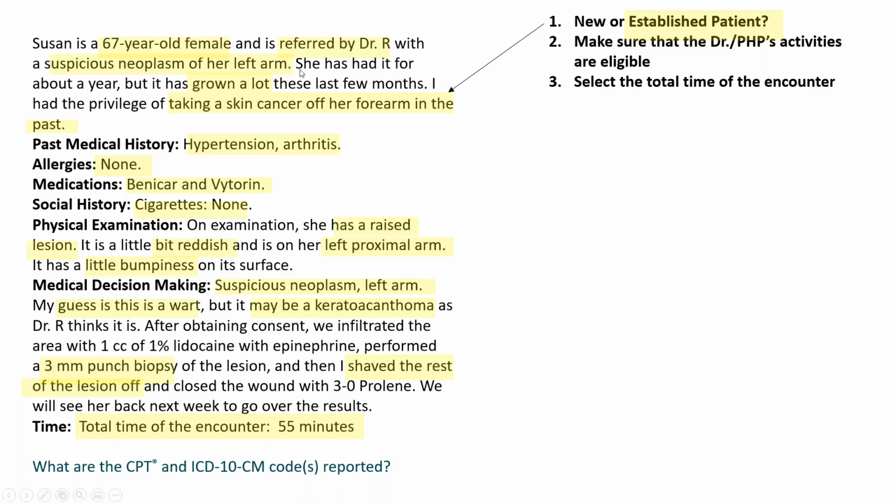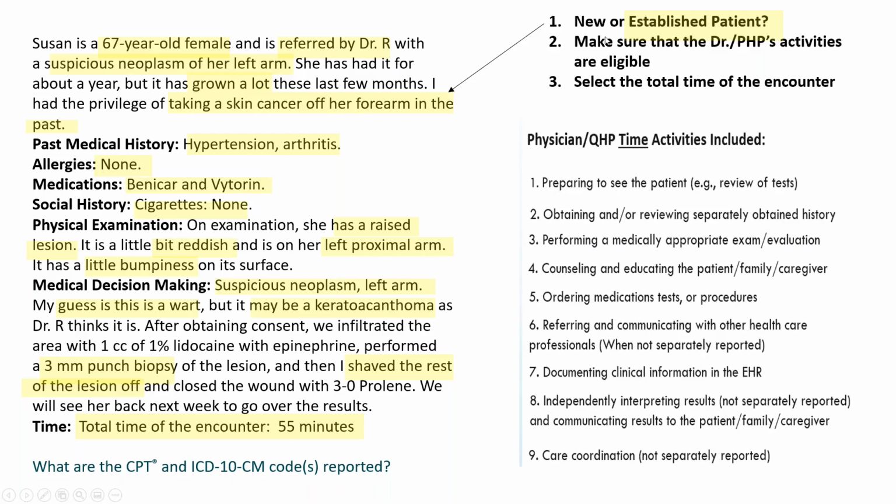And also, if you're looking in the documentation, she had it for about a year, we're going to assume that this was written material. This doctor has to unequivocally say, I've seen this patient. There is no mention of that. All right. So if it's new, we're going to follow the same protocol. You have to make sure that the doctor carried out the appropriate activities and that there is an exam, at least an exam. All right.